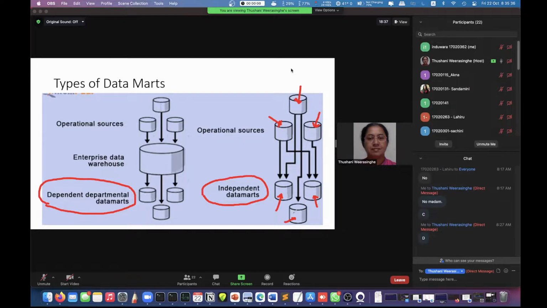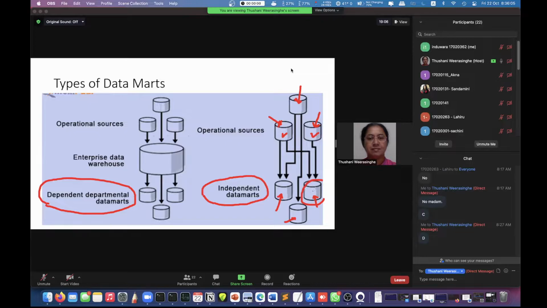So for these independent data marts, you can see that this data mart is receiving data from this one and also from this one. So we can get the data from this and then combine them and have them here. Let's say for the salary details, you have to get the data from HRM and also from the finance, for extra earnings and all that.